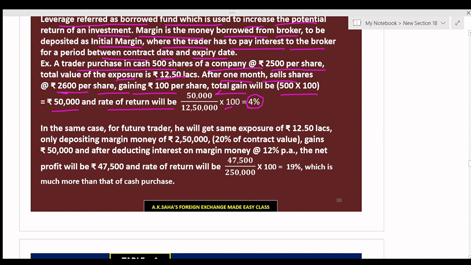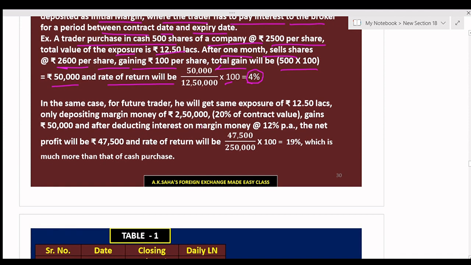And in the same case, the futures trader will get the same exposure of rupees 12,50,000, only depositing the margin money of rupees 2,50,000, that is 20% of the contract value, which is decided by the exchange.